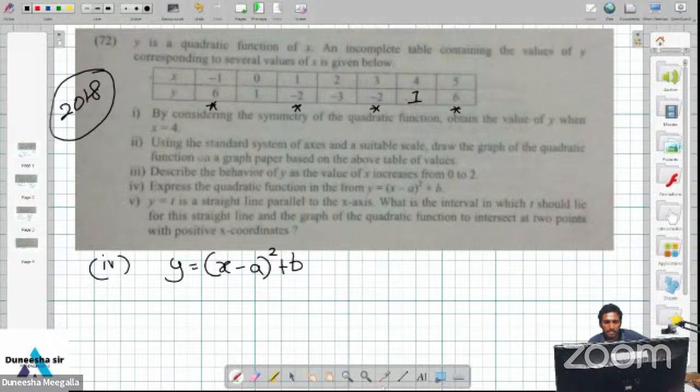What is the interval in which t should lie for this straight line and the graph of the quadratic function to intersect at 2 points with positive x coordinate?